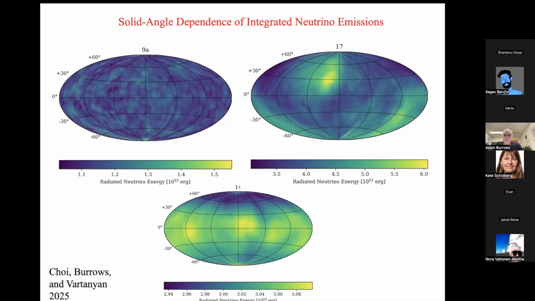Are there correlations of the neutrino luminosity with the angular momentum or the rotation speed of the remnant? Maybe you showed this. I had stepped out for a minute. No, no. These are initially non-rotating, but you're right, there is induced rotation. I want to do rotating models before I say much about any correlation there. That black hole former was initially non-rotating, but the fallback gave it angular momentum and it became an oblate object.